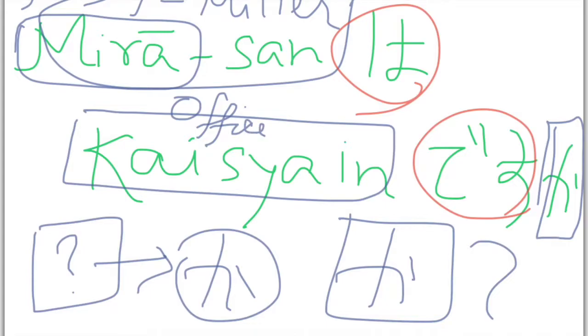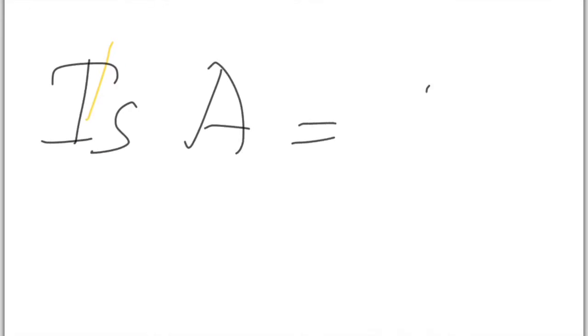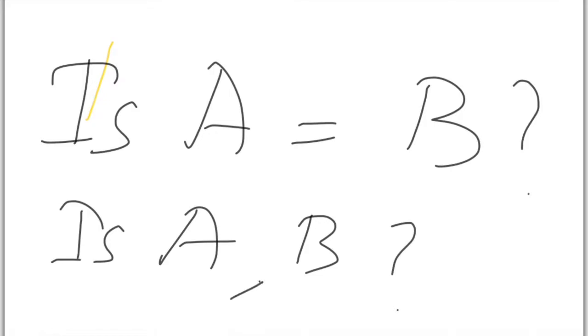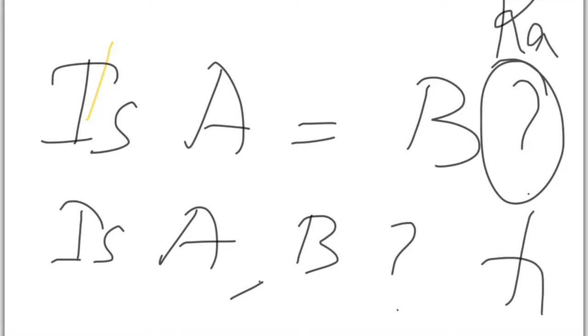So kaishain desu ka means: is A equal to B, or is A B? Instead of a question mark, we use ka.